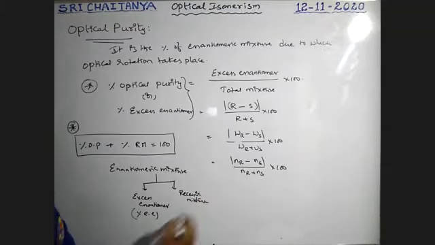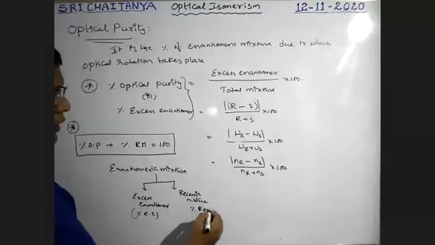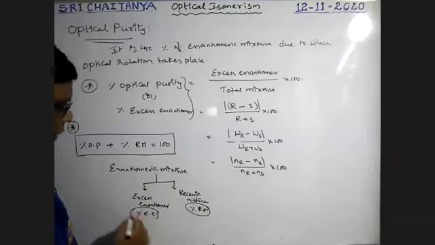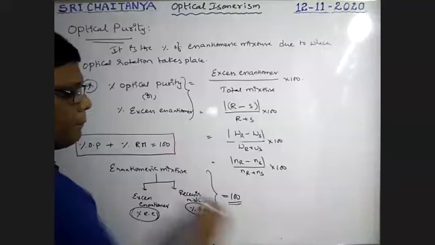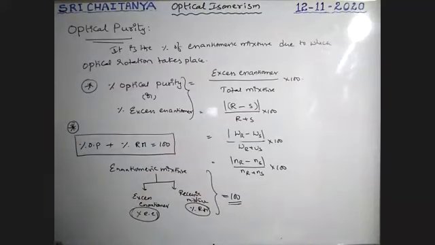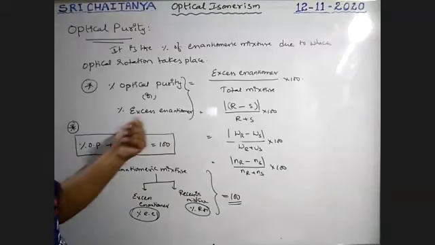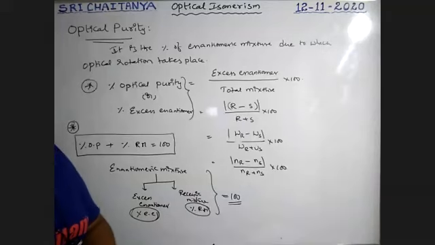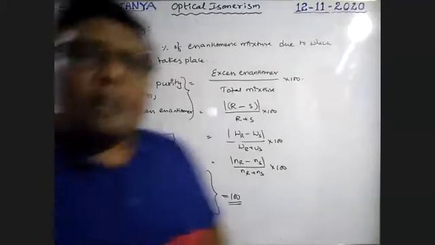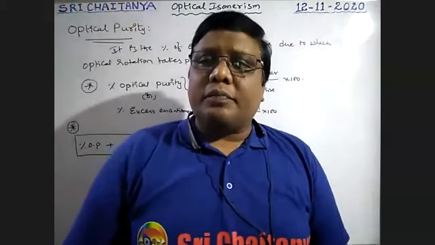So the percentage of racemic mixture plus the percentage of excess enantiomer is equal to total 100. So the percentage of optical purity, that is nothing but excess enantiomer, plus the percentage of racemic mixture, equals total 100. By using this, we can solve some problems. Let us take problems first.